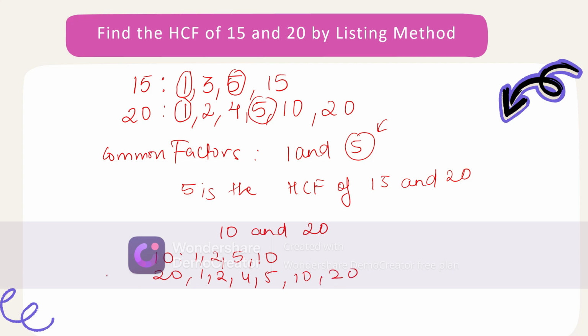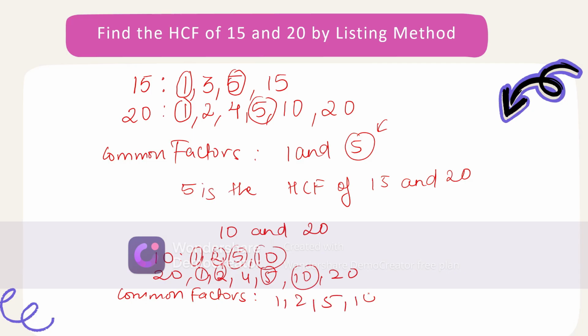Let's highlight the common factors. 1 is common, 2 is common, 5 is also common, 10 is also common. So 1, 2, 5 and 10, and 10 is the highest common factor. So the HCF of 10 and 20 is 10.